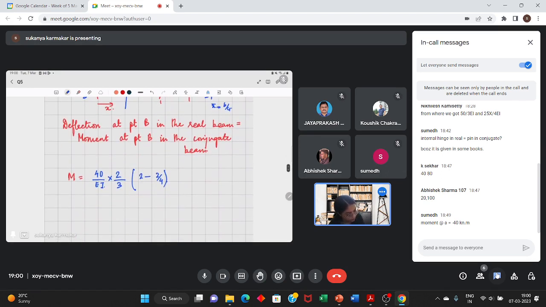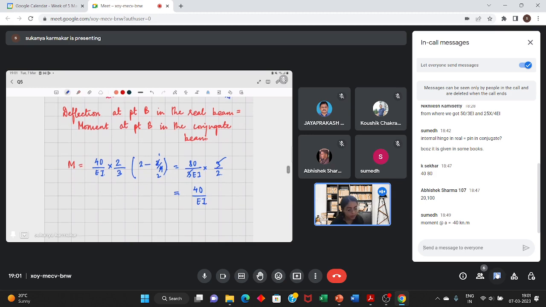So it is basically 80 by 3 EI into 3 by 2. So it comes out to be 40 by EI. So this is the moment at point B in the conjugate beam.